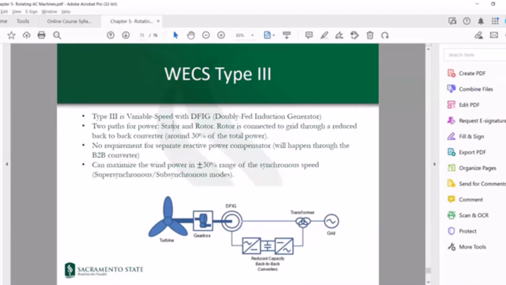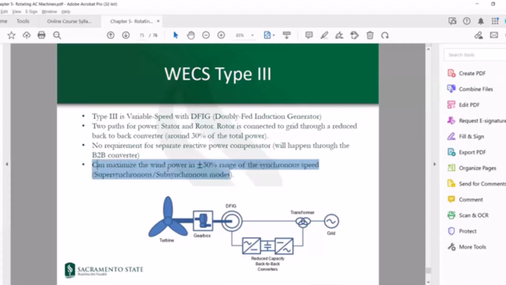In this type we also have a direct path of power from the stator to the grid. So there are 2 paths for power. Again, if you really want to get more knowledge about these types of generators, you need to take other courses like Renewable 135. And at the graduate level, there is a course 257, which talks about wind energy conversion systems in general. So that's something for you to consider if you want to get more into these.